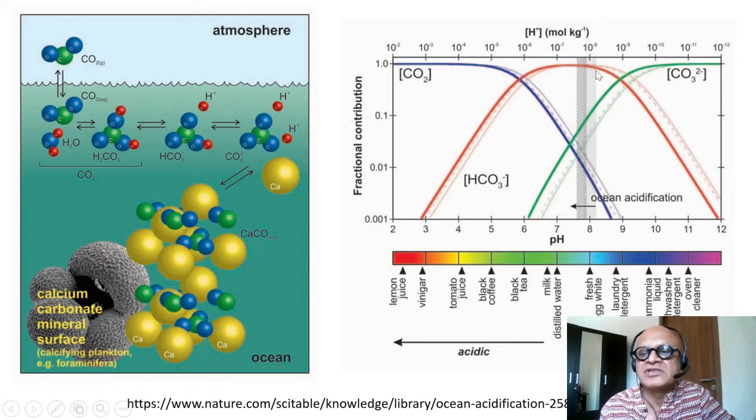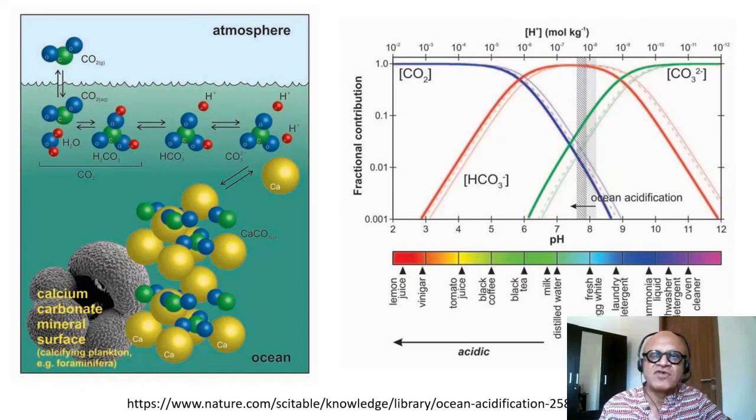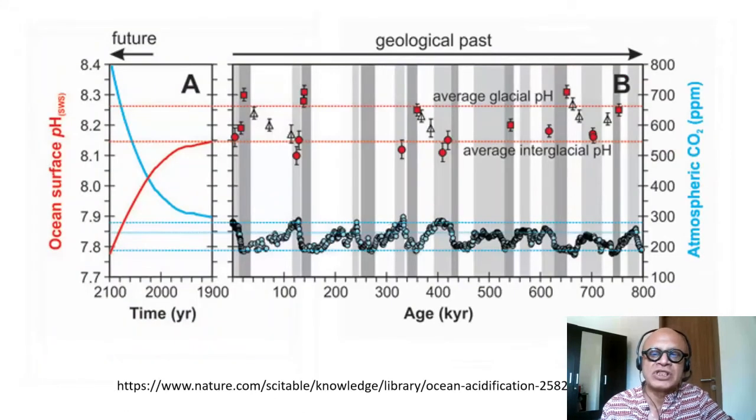And then there is the bicarbonate that has a different rate of change. You can see here this is rapidly increasing, this is rapidly dropping, but this is balancing. That's the basic buffering of CO2. Why bicarbonate is much more than CO2 in the ocean and why carbonate is much more than CO2 is because of these reactions that buffer the CO2 dissolution in the water.